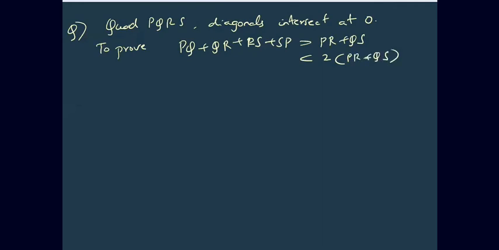These are the two things which you need to prove. So the sum of the sides of a quadrilateral is greater than the sum of diagonals, but less than twice the sum of diagonals. Just try this for some minutes and then we'll discuss.